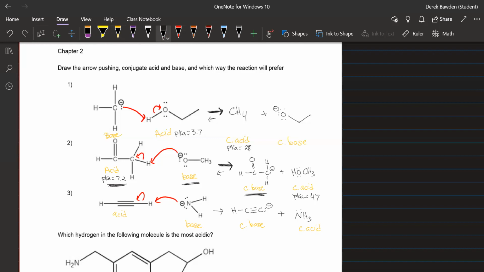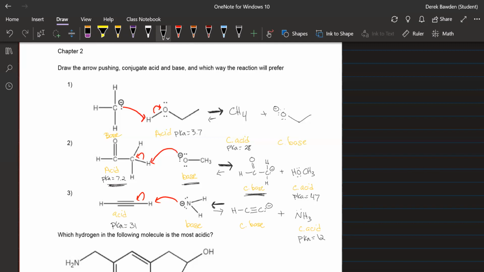All right. If I was to tell you that the pKa here is 31 and the pKa here is 12, which way is our reaction going to prefer, products or reactants? The reactants. Reactants, right? It's going to go away from the stronger acid.